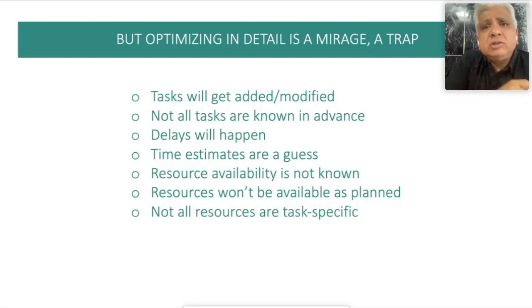So you turn into this cycle of getting more and more data, more and more detailed plans. And the moment you get those detailed plans in place, you start execution. And suddenly what you find is you are spending more time managing the plan than managing the project. Right? So that is why this optimization in detail is a mirage, a trap. So we have to look for a better solution.